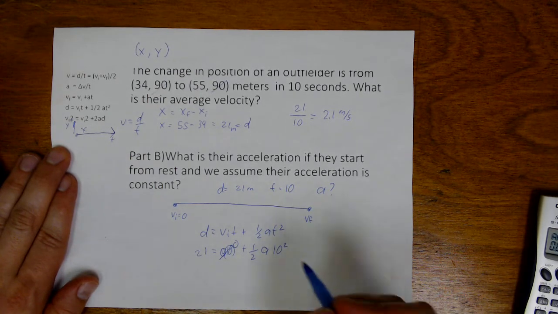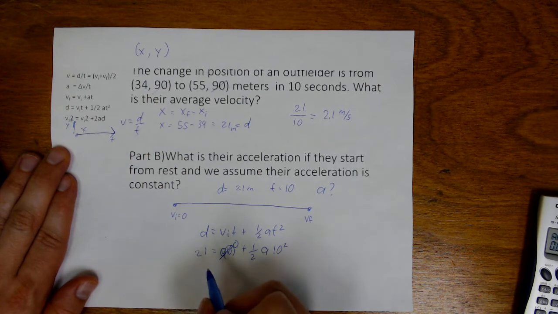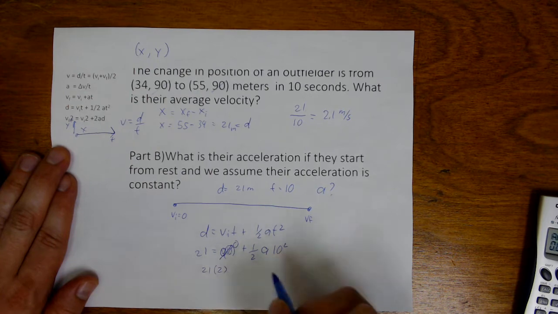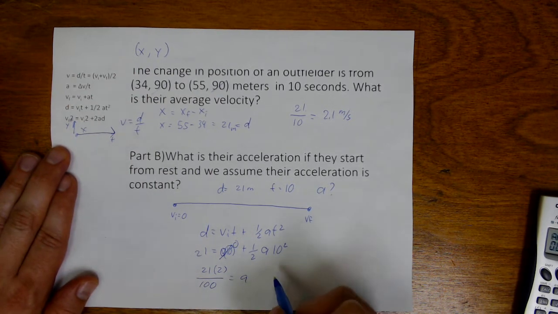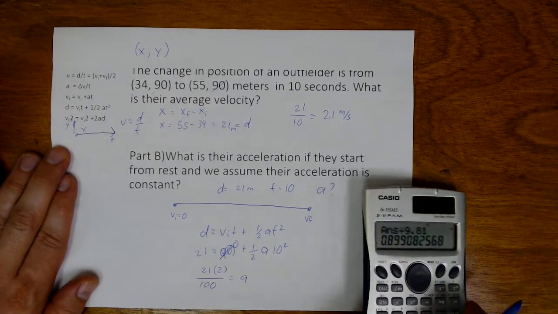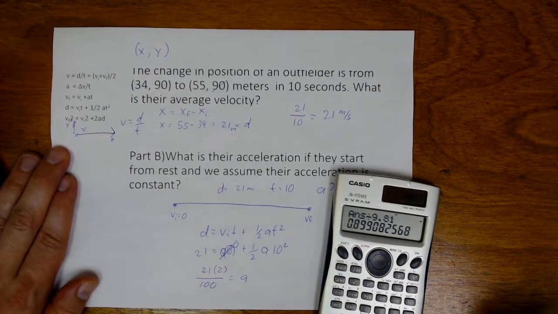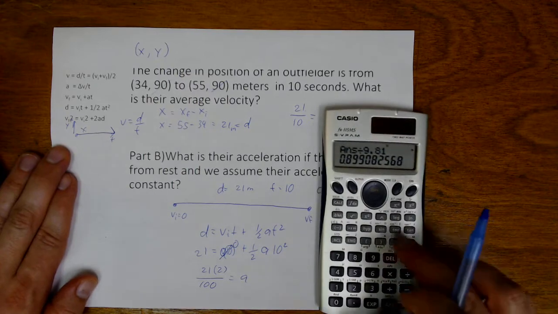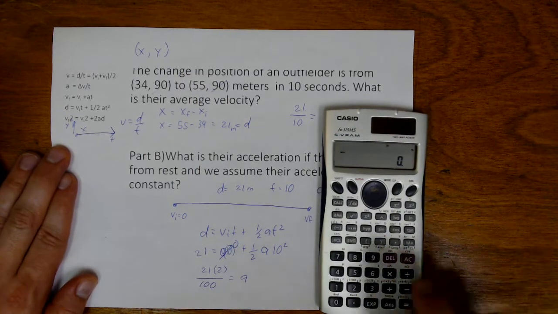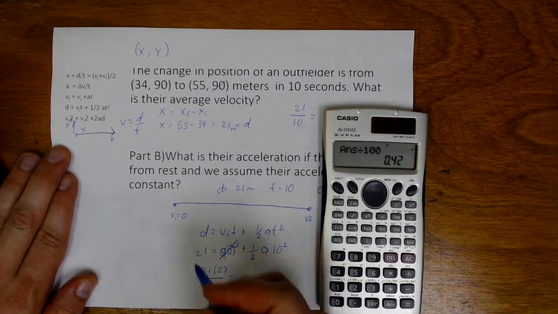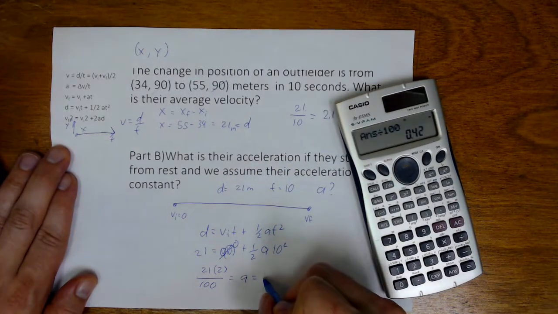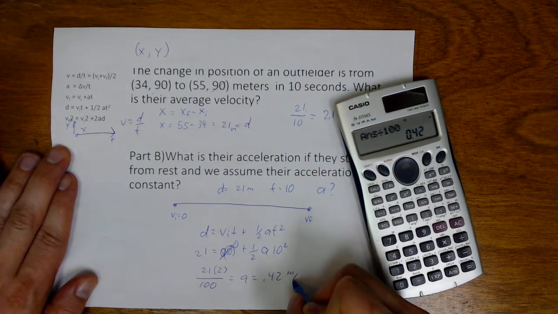All right, so then we bring this over and get a on one side. So 21 times 2 divided by 100, and multiply that out. 21 times 2 divided by 100 is going to be 0.42. So 0.42 meters per second squared.